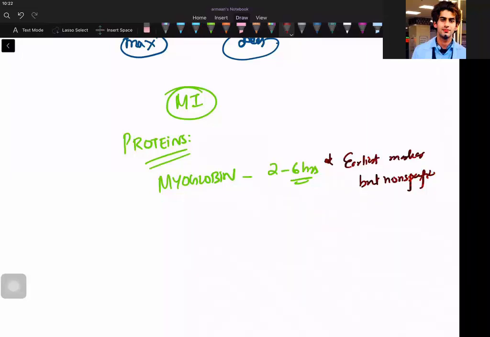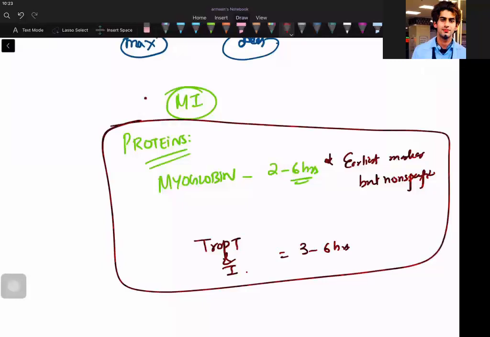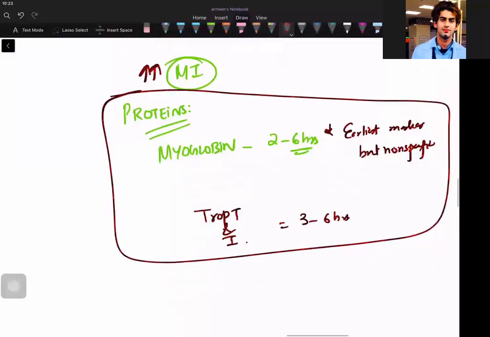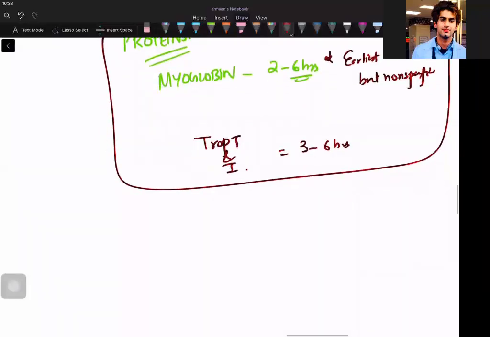I hope you have come across the term troponin. Do you know troponin? When I talk about troponin T and I, mostly they are raised for 3 to 6 hours. So these are the proteins which are increased in MI. When I talk of enzymes, I see CKMB.